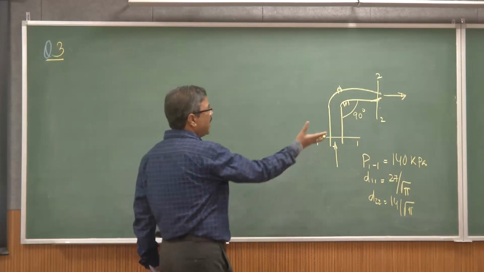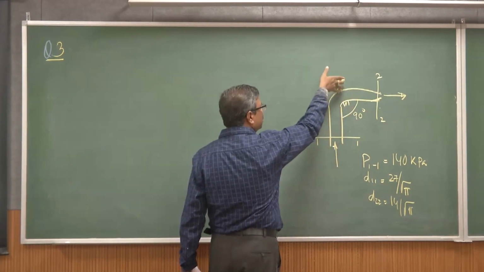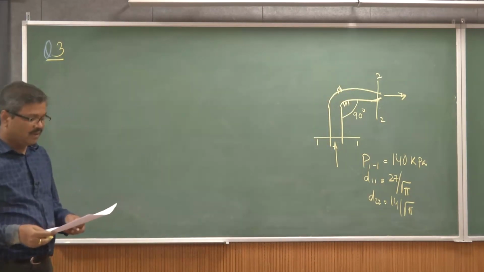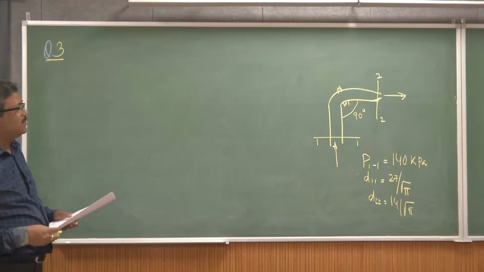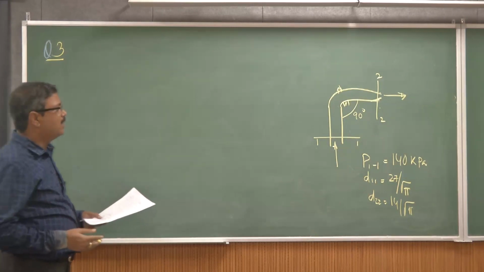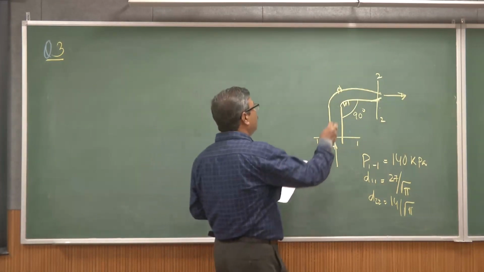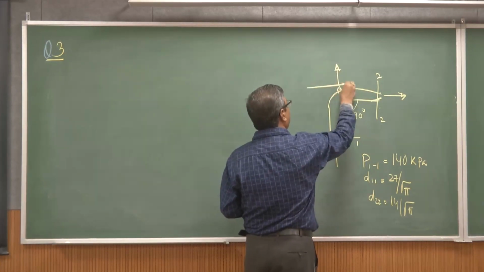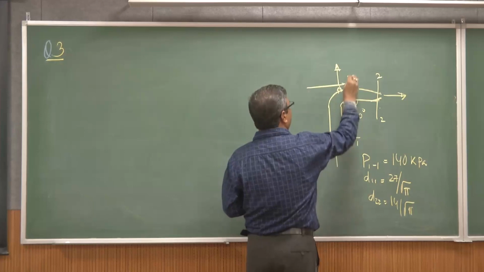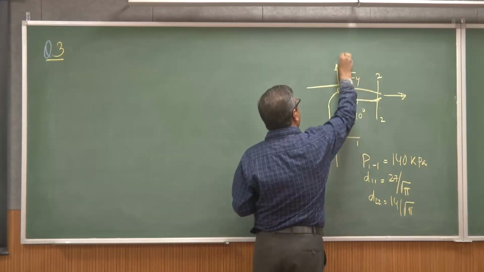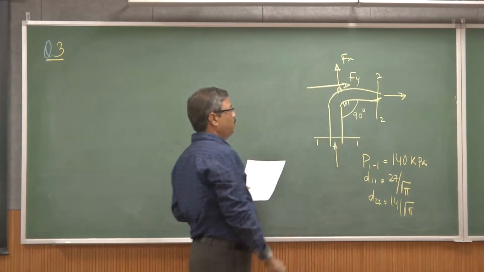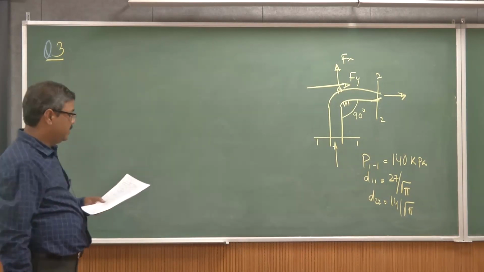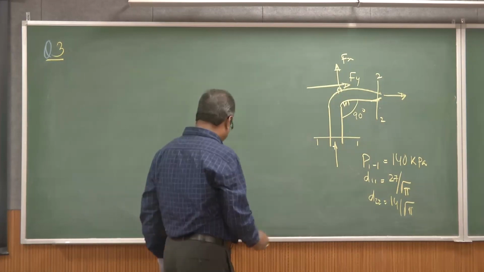That is what will exert force on the pipe. This is quite an easy problem to find the force components, Fx and Fy, acting on this 90-degree bent part.